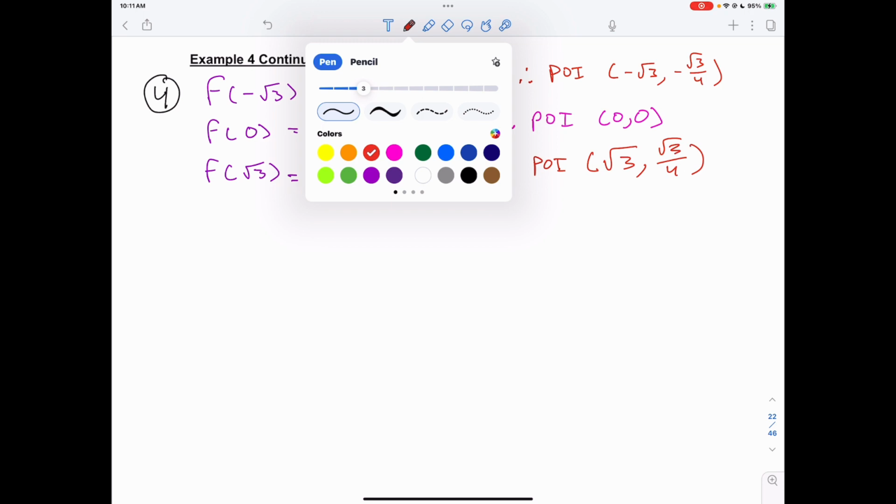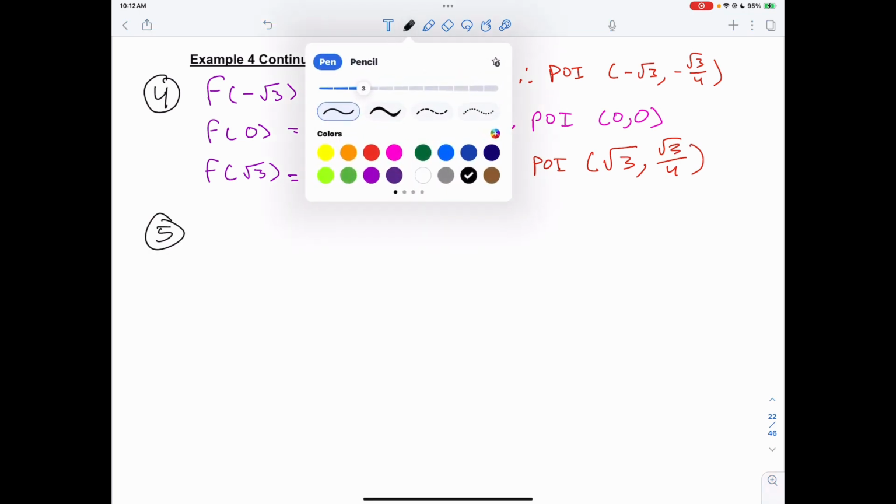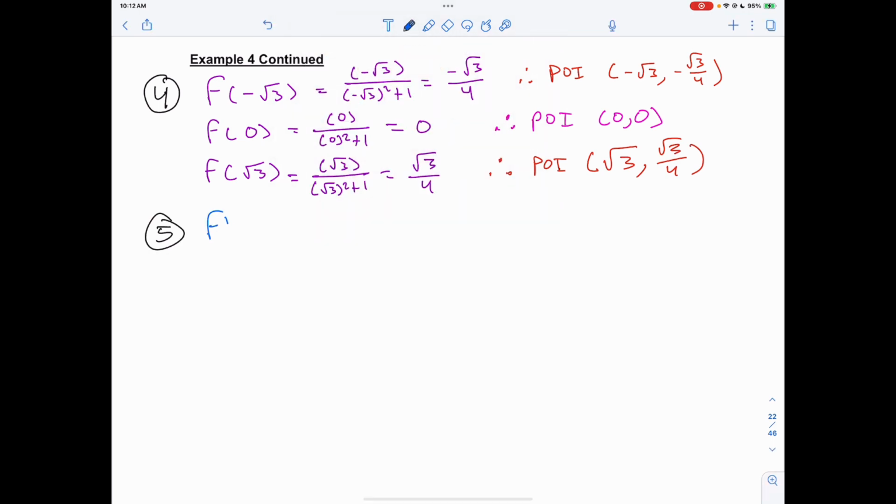When I think about how this applies to my first derivative for what kind of point of inflection I have here, then if I take f prime at negative root 3, I'm going to have the negative of negative root 3 squared plus 1 all over negative root 3 squared plus 1 squared.